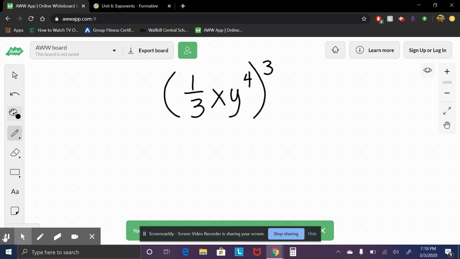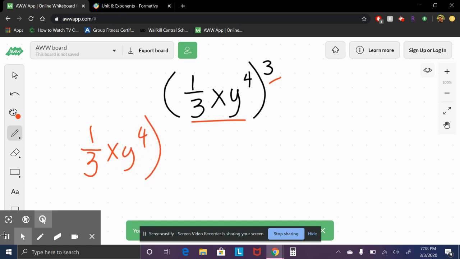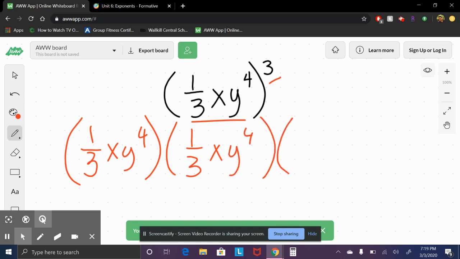So we expand it out, meaning that we write this base 3 times. So 1/3 x y to the 4th, 1/3 x y to the 4th, and 1/3 x y to the 4th.